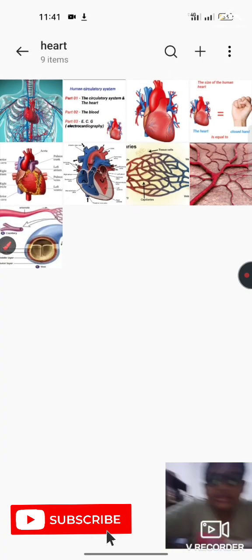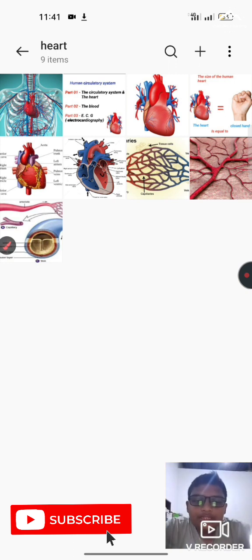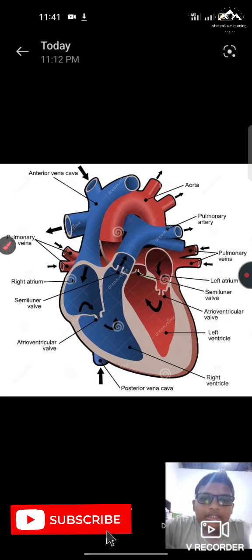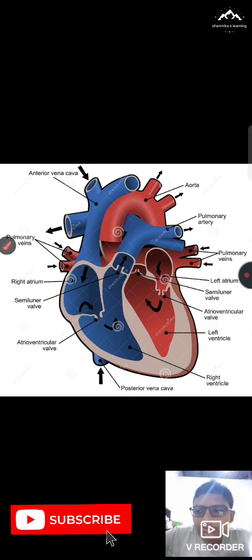The pulmonary artery takes deoxygenated blood from the heart to the lungs, and from there, pulmonary veins are connected.